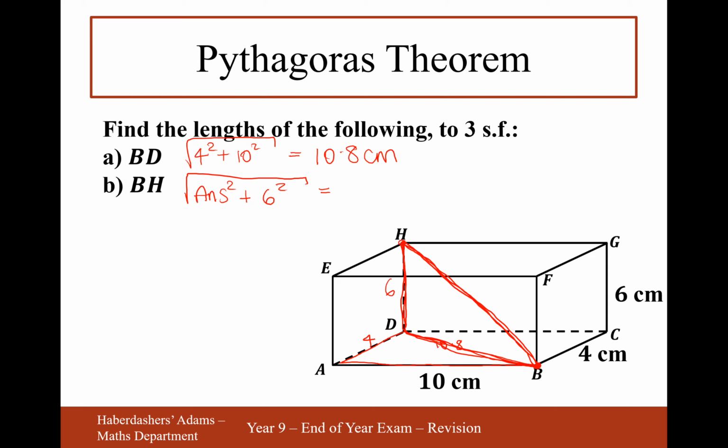And this answer comes out to be 12.3 centimetres to 3 significant figures. And there we are. So it's a perfect example where I can show you to use the answer button to make sure you've got the most accurate answer possible.